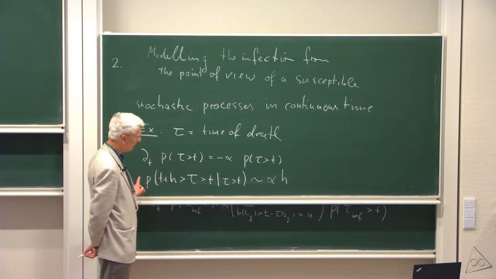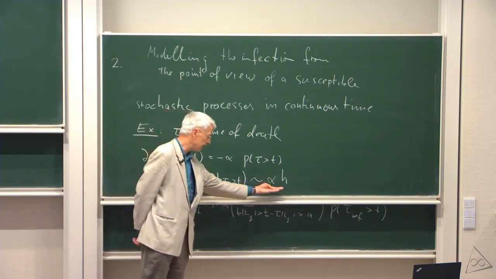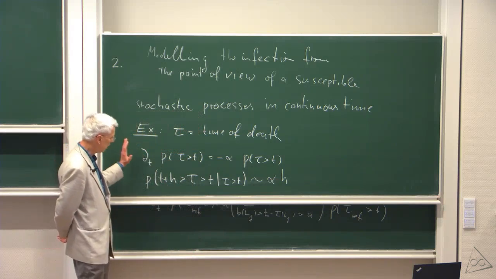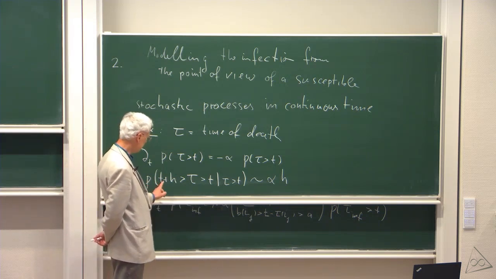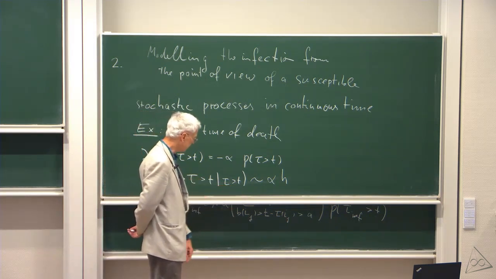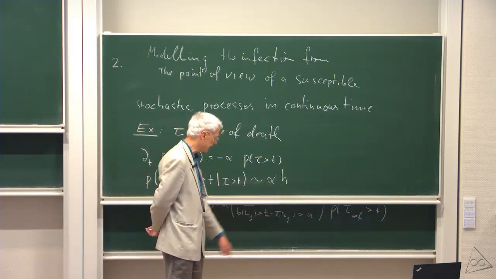Now, sometimes you see that also written in a different way, but this is basically exactly the same formula, except that I took here a small finite h, and here I went to what we call an infinitesimal description. So the probability that tau will occur between t and t plus h, if you know already that tau is larger than t, will be proportional to alpha times h.